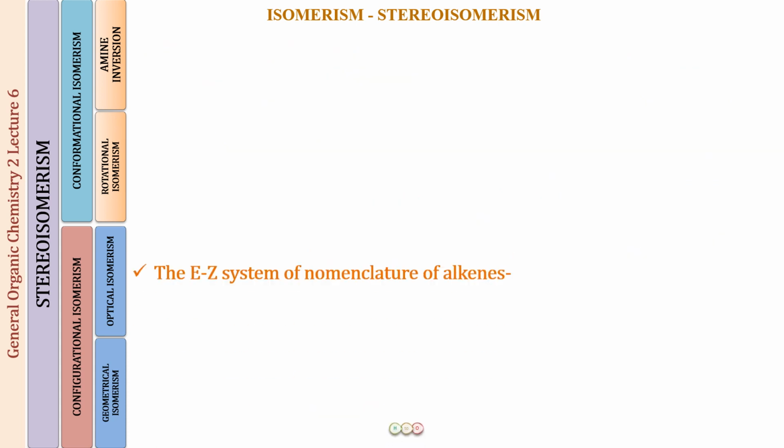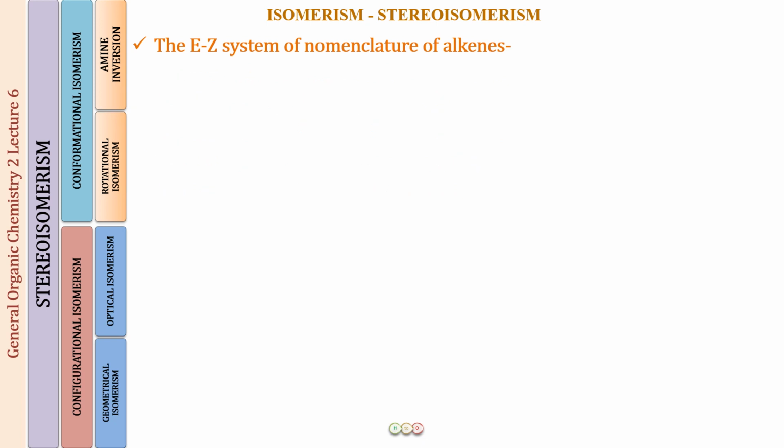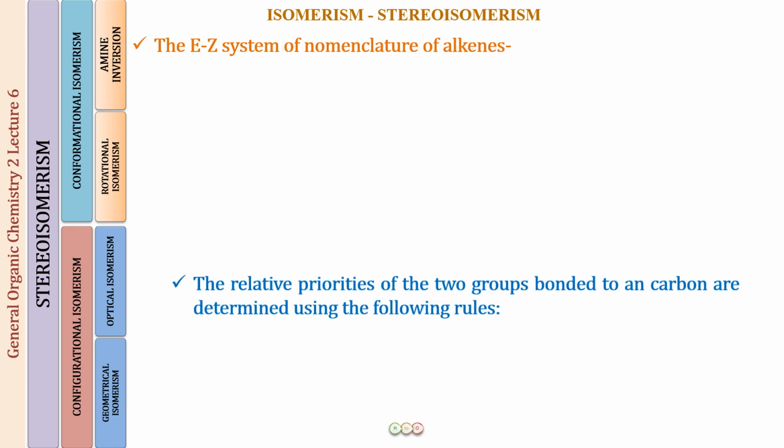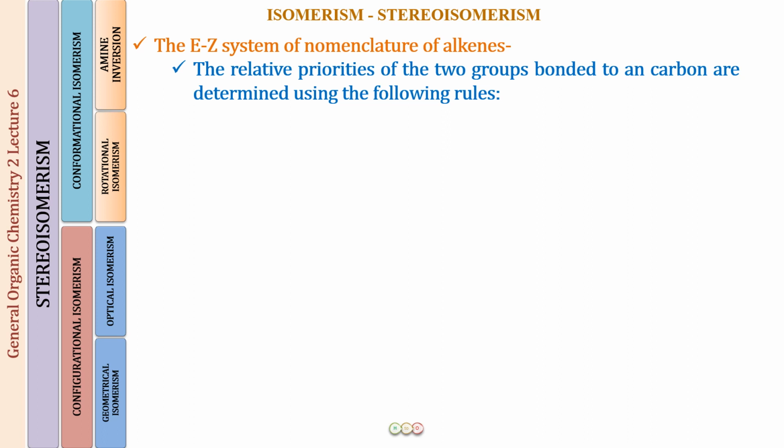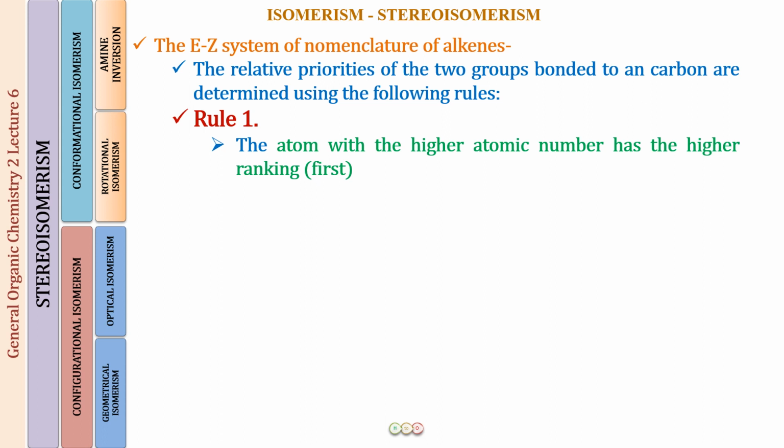Now what is important in this E-Z system of nomenclature is that we have to set the relative priority of the groups attached to the carbons of the double bond. We will be learning certain rules to set these relative priorities, and rule number one is that the atom with the higher atomic number has a higher rank.